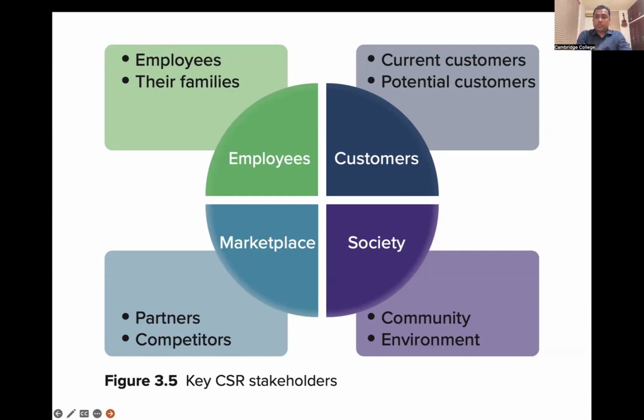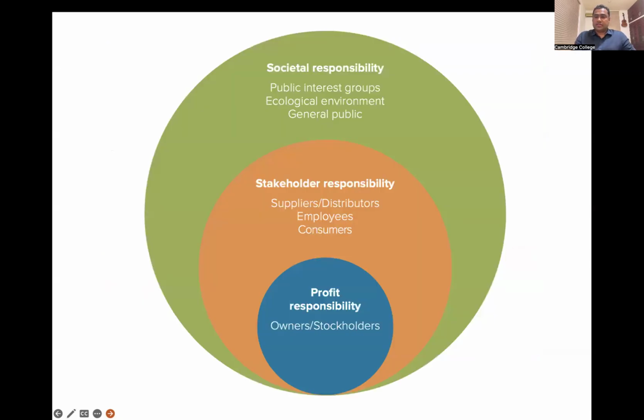Future customers are called potential customers. Socially, society, the community that you operate your business in, the environment, and the marketplace, your partners and competitors. So all these are key CSR stakeholders that you need to manage.